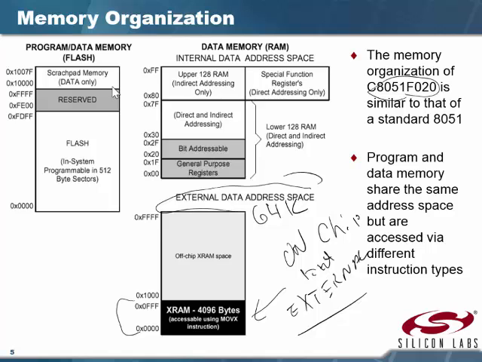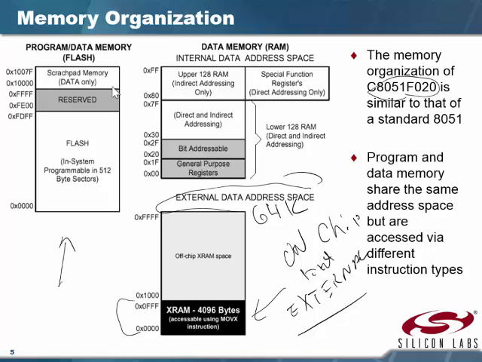Now the 8051 has 3 different memory address locations. The 8086 only had 1. Program memory goes from 0000 all the way up to 1007 on this particular processor. This is our flash programmable memory.